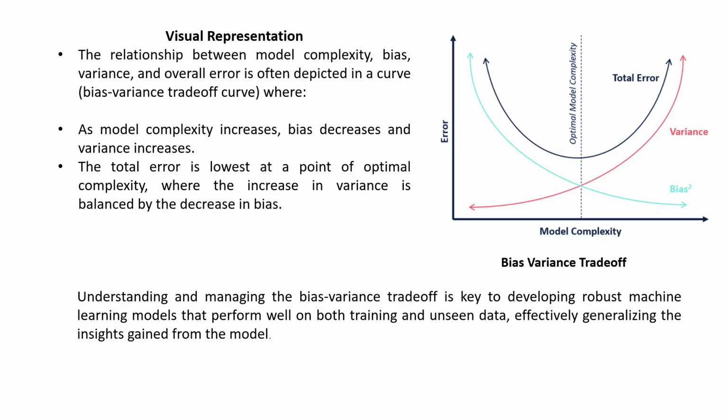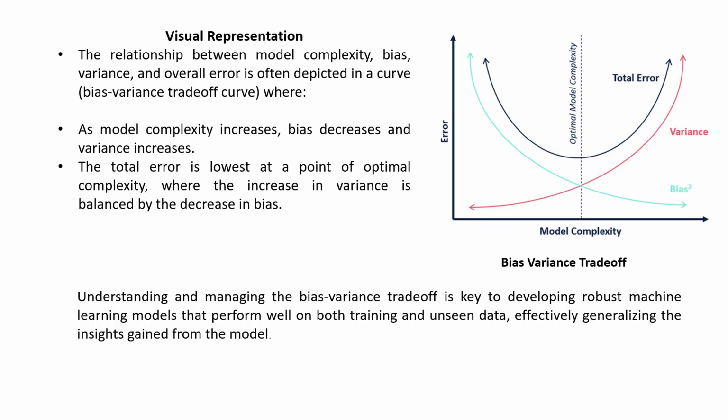When the model complexity increases, normally we say that bias will decrease and the variance will increase. So the total error is lowest at a point of optimal complexity where the increase in variance is balanced by the decrease in bias.